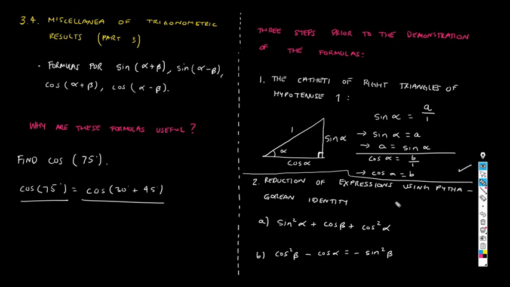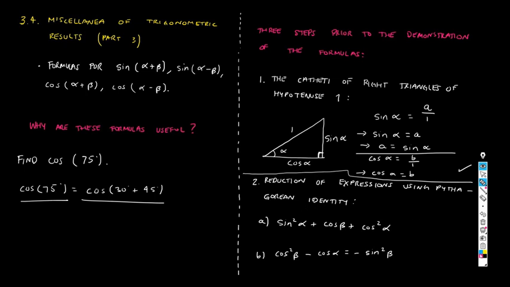Okay, this is done. Second step, the reduction of expressions or equations using the Pythagorean identity. So what do we have here? We have an expression: sine squared of alpha plus cosine of beta plus cosine squared of alpha. How can we reduce this whole expression?